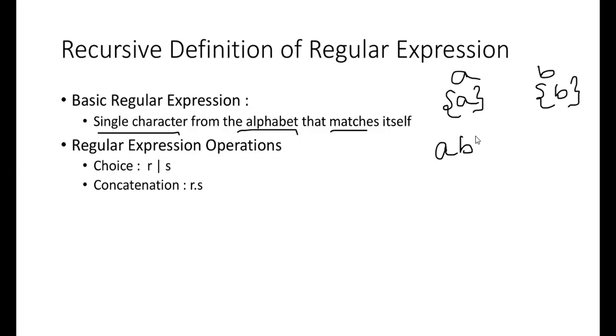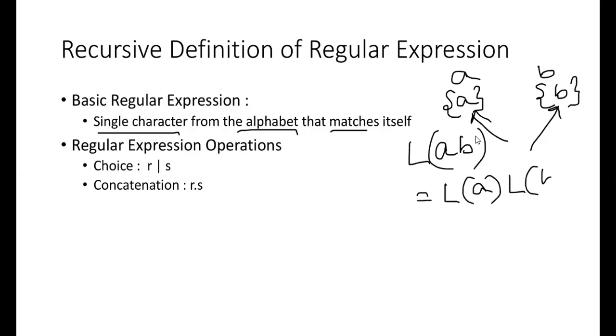This is the strings from A followed by the strings of B. So you join together. First, you have to have the elements of A. Then this must be followed by the elements of B. So you can write the language generated by this regular expression AB as L of A followed by L of B. So this is concatenation.